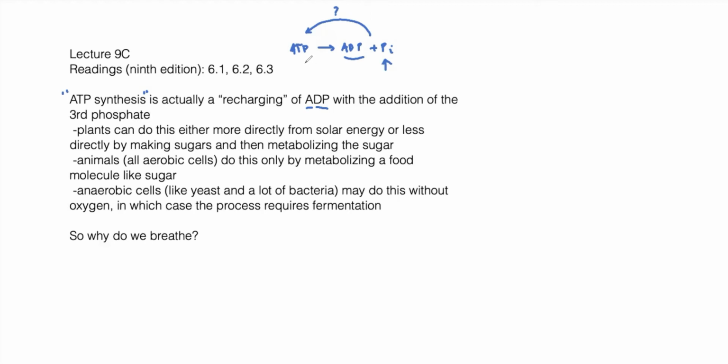We know that part of the process is going to be involved with cellular work. We need the energy, and therefore we need to consume ATP and produce ADP and phosphate, right? At the same time, we also need to restore the ATP, and for that, we're going to be using these things called fueling reactions.